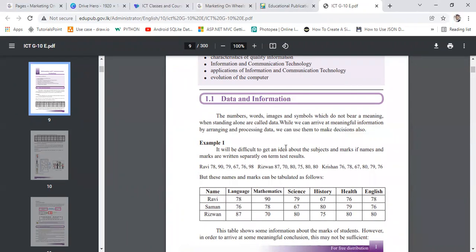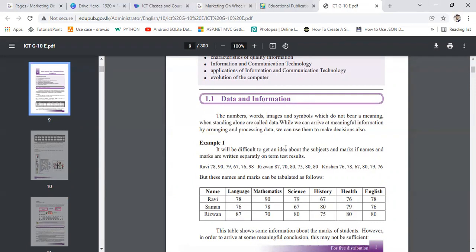I think you might have already studied and are aware of these things, but I will repeat everything, revising them. So data is anything that has no meaning. In your book they have mentioned numbers, words, images, symbols, or simply anything without meaning.